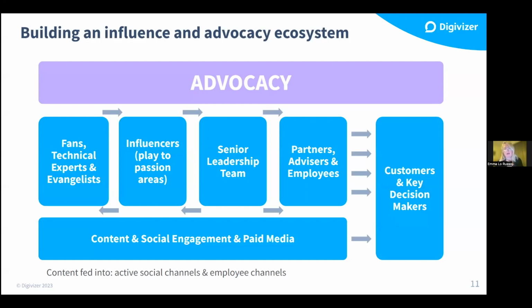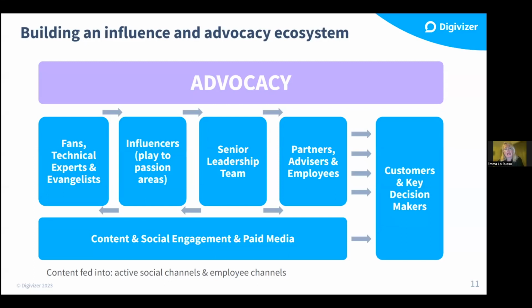And so what this model is really suggesting is that when you have all of these in play, and these exist in any size of business, right? The more technical experts, evangelists, the fans that you can activate and build a strong community, and invite them into special access points or things where they can actually start supporting you. You'll often see that the best customer support comes from those happiest of customers or fans.